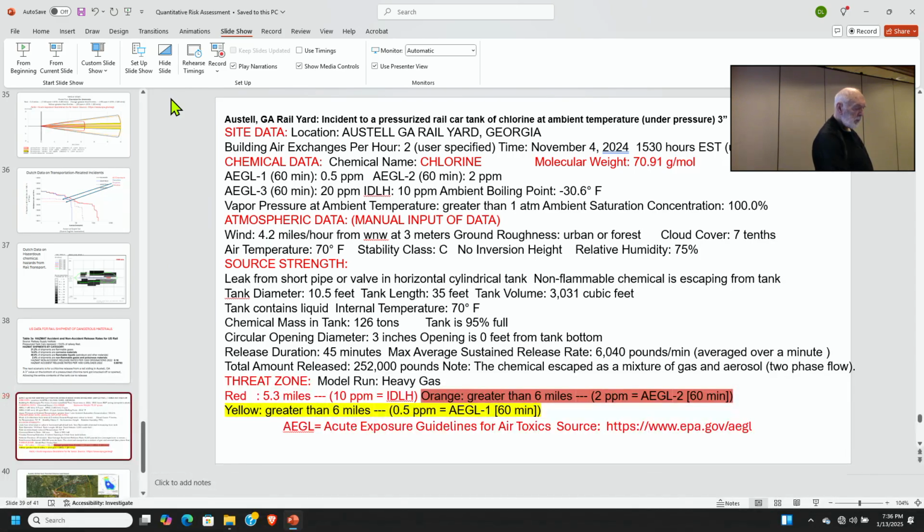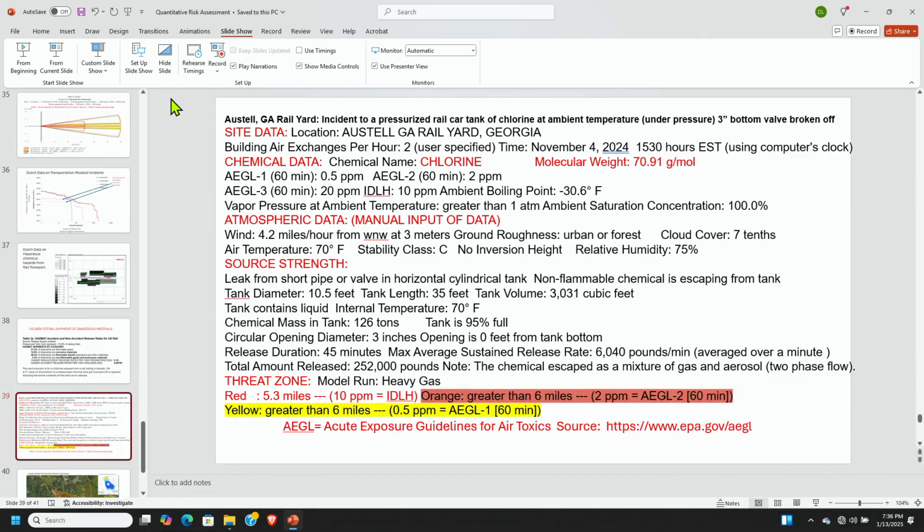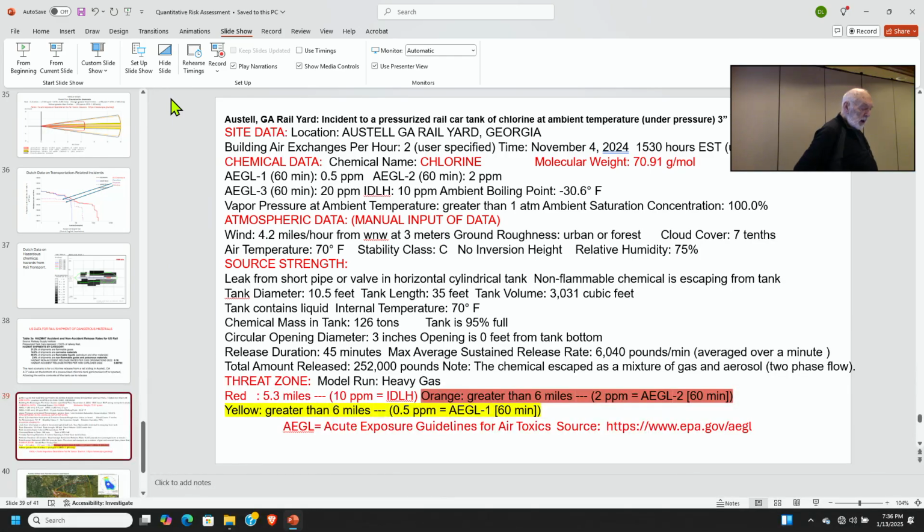Here's the site data. Red zone is 5.3 miles at 10 ppm. Now, chlorine is a heavy gas, so it'll stay close to the ground. Ammonia, by comparison, will diffuse upwards. But under reasonable or high stability conditions, you might be out at 5.3 miles for your red zone.